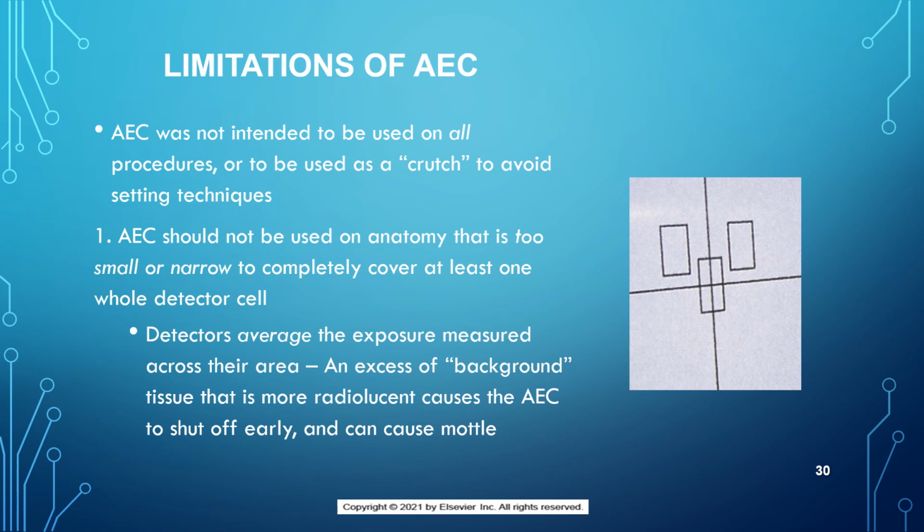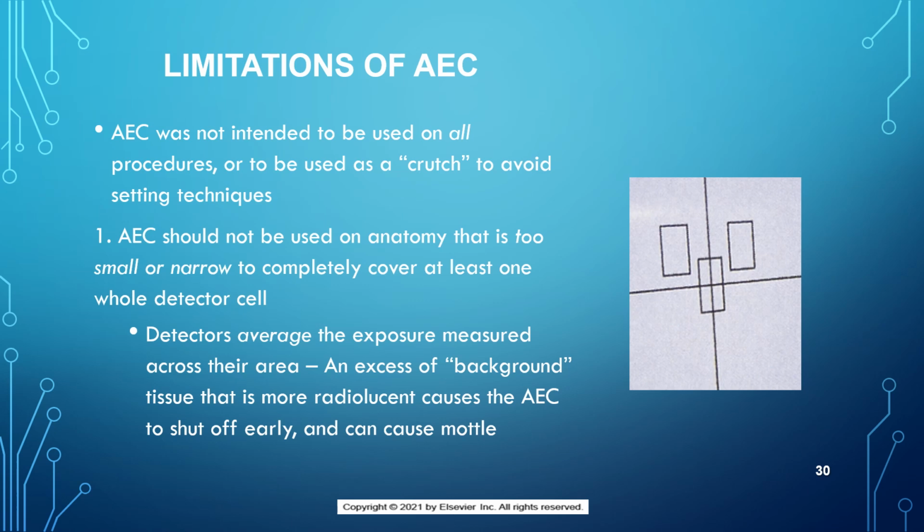So if you put a finger in front of an active AEC chamber, primary beam is not going to completely cover that active chamber, and primary beam strength or intensity is going to enter the ion chamber, which is about 1,000 times greater than remnant beam signal strength. Your exposure is going to trip way prematurely for primary beam intersection of the active chamber.